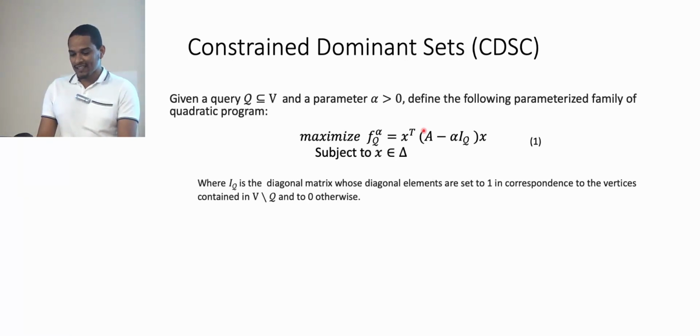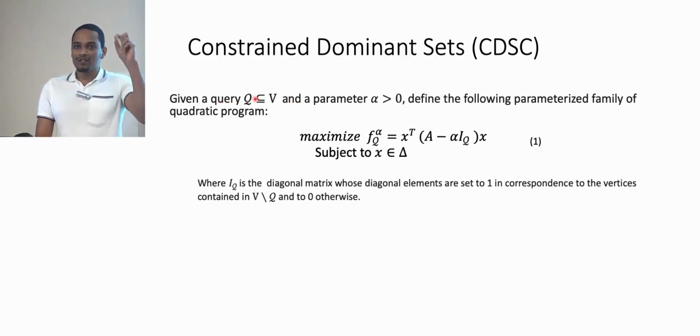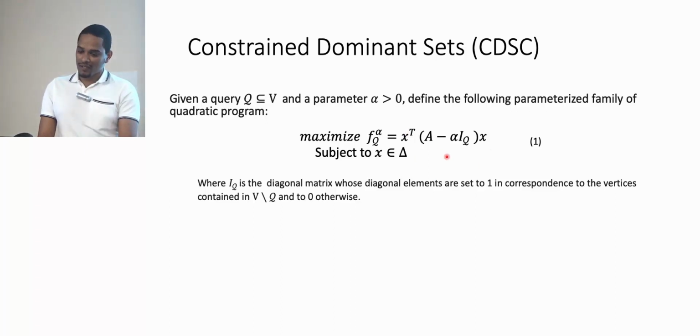The other variant of this dominant set is the constrained dominant set. In this case, we have a user-defined constraint, given a node. We are saying, give me a cluster which is guaranteed to contain this user-defined node from the graph, which is a very powerful property. We can achieve that by optimizing this parameterized version of the previous quadratic optimization that I showed you earlier, by subtracting alpha along the diagonal of the matrix A, where the vertices are outside of the query.